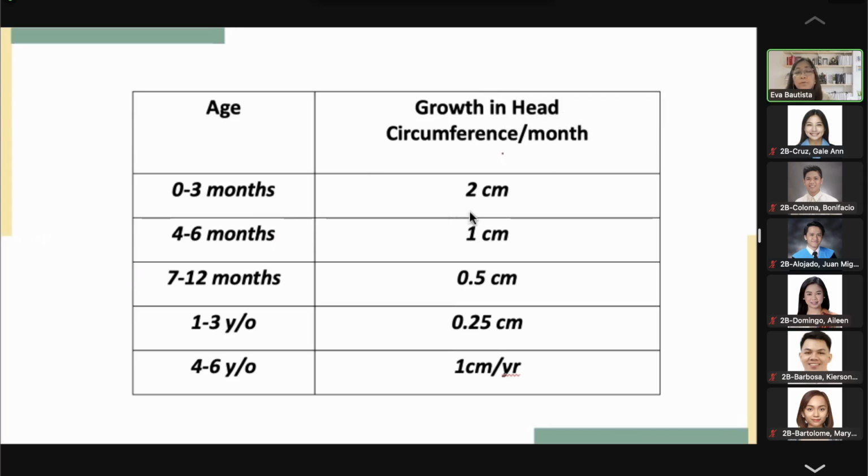So a 3-month-old will have a total of 6 centimeters increase in head circumference. A 6-month-old will have a total of 6 plus 3 centimeters, okay? 2, 1, it goes by half, okay? And then back to 1 centimeter per year during 4 to 6 years of age.